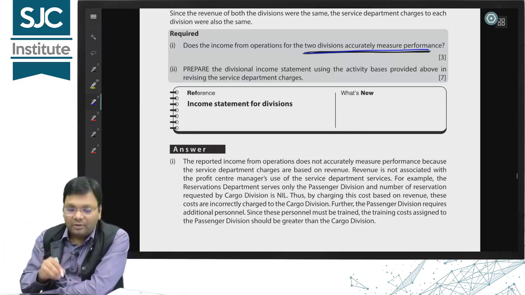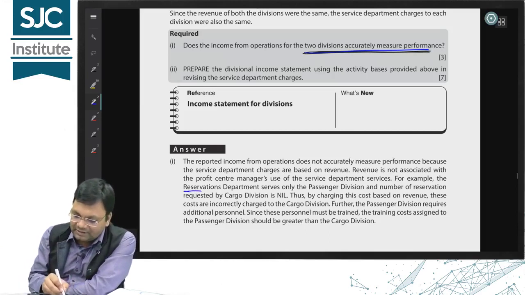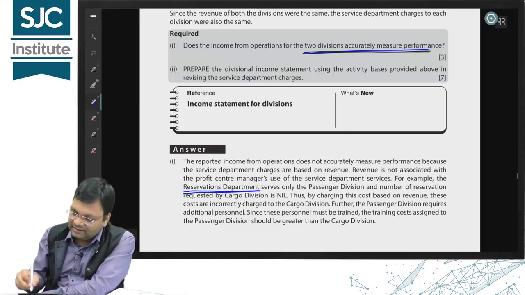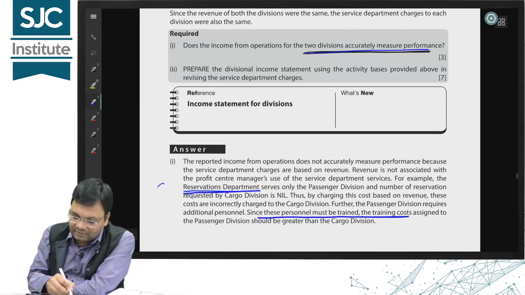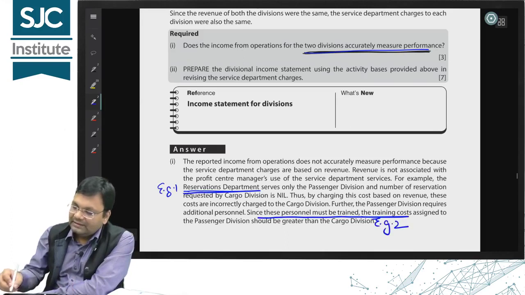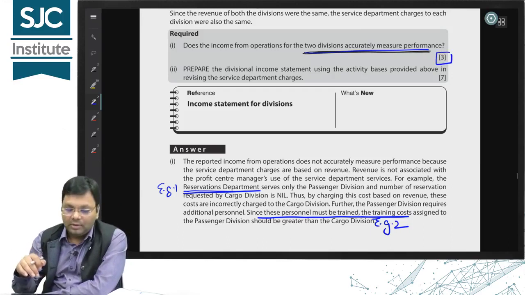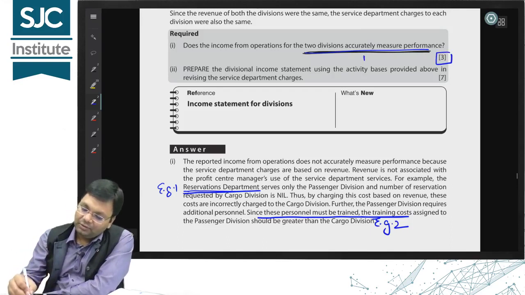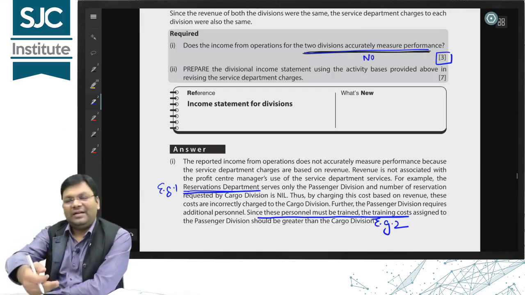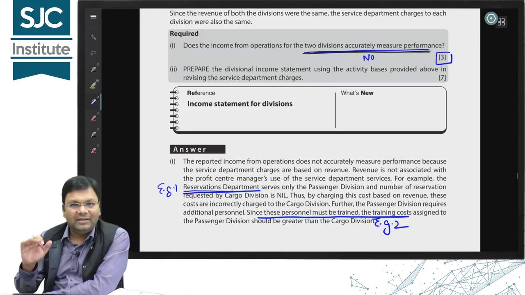So I just want to show you 2 examples here. You can mark with me: reservation department example and training cost example. These are 2 examples which you must cite in order to get good marks. See, this is of 3 marks, not just 1 mark where you can write yes or no. So the answer is obviously no here. Why? You will understand by just reading the question.